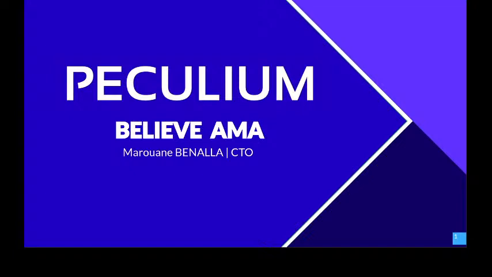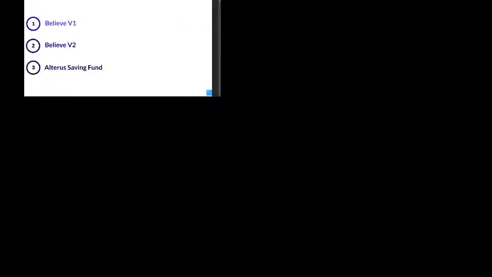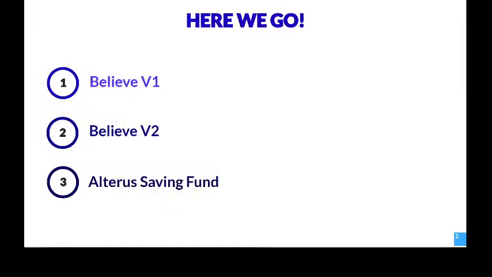To do that, we have built many products, and one of the products that we have worked on was Believe, and that will be mainly the topic of our discussion. So today we'll try, at the beginning, to talk about Believe V1: what are the accomplishments, what are the missing parts, and what are the lessons that we have learned.